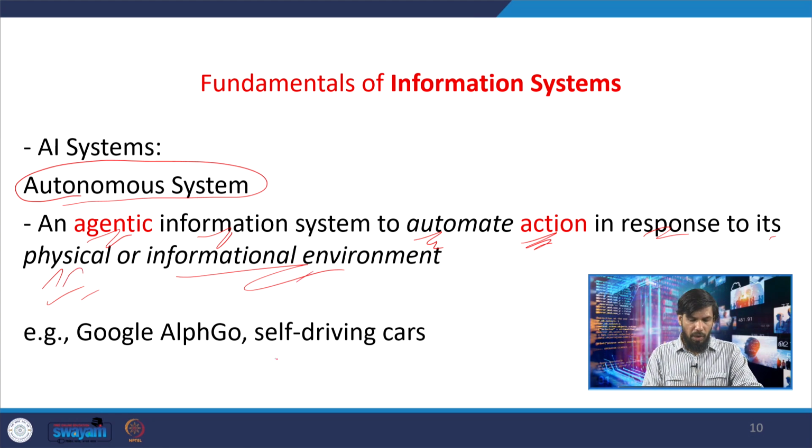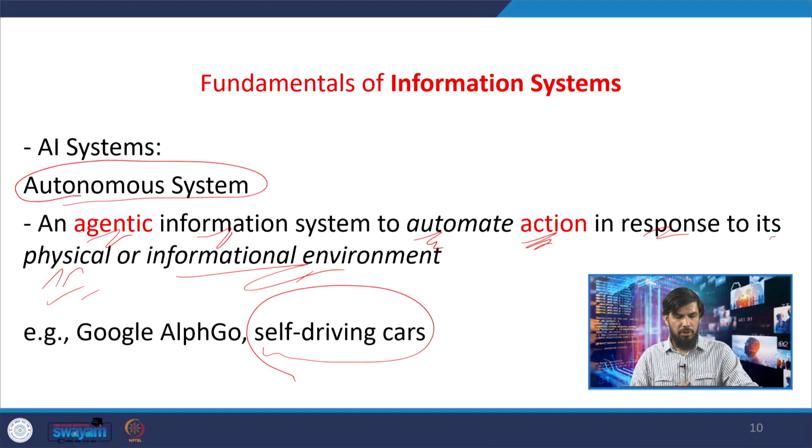For the physical environment, we can take the example of self-driving cars, where the self-driving car can have the agentic information system, which is categorized as an autonomous system, because the sensors deployed in the self-driving car catch the movement of other vehicles, and using those sensors and other incoming data, the car will navigate through the highways or other places, right. So, that is a physical environment.